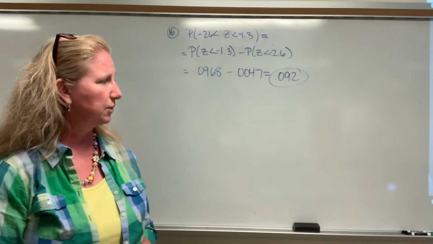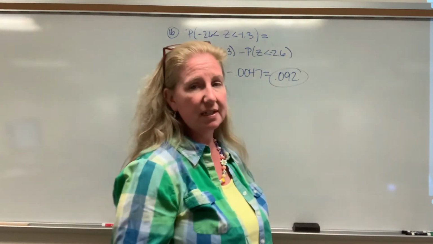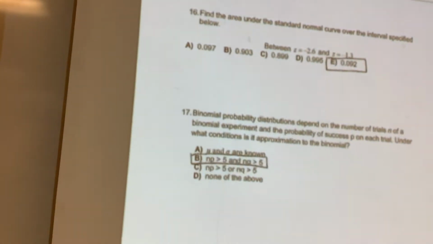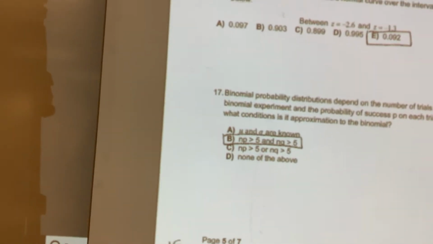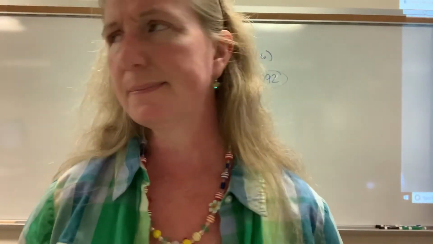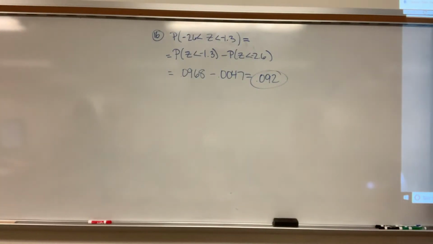The answer is n times p must be greater than 5, and n times q must be greater than 5. Tune back into, I think that's 8.3 perhaps, that lecture had some more information.